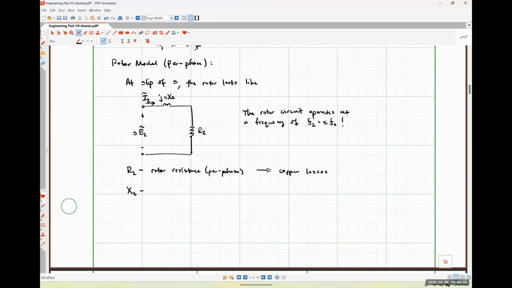X2 is the rotor leakage reactance per phase, obviously contributing to flux leakage.